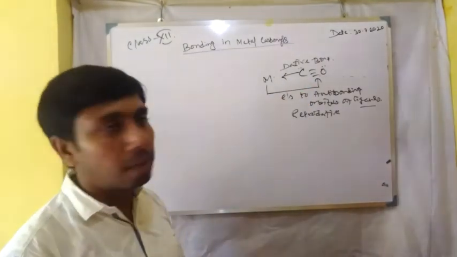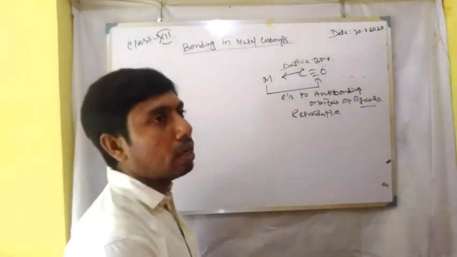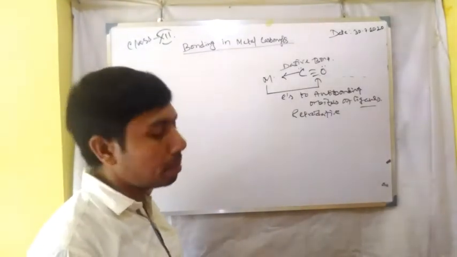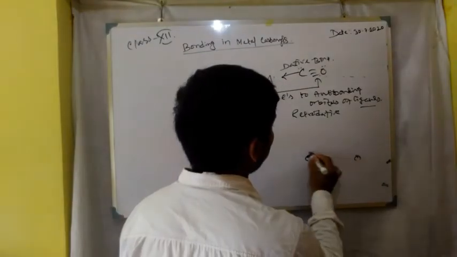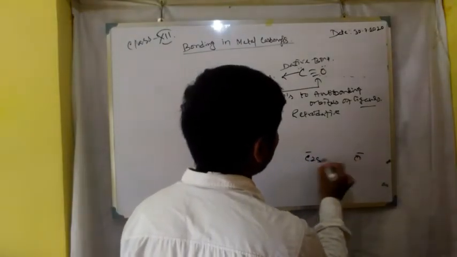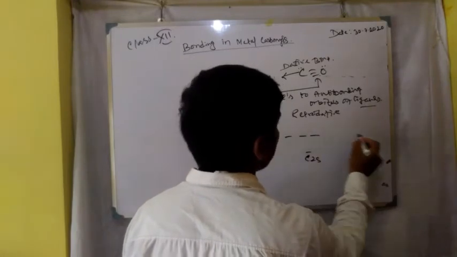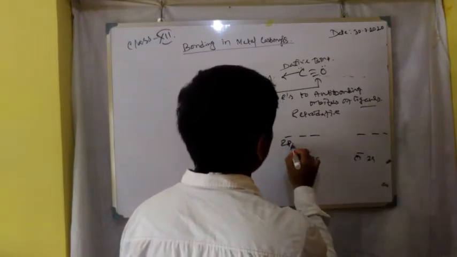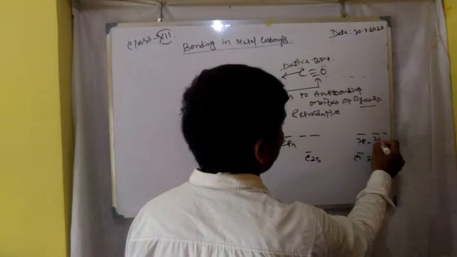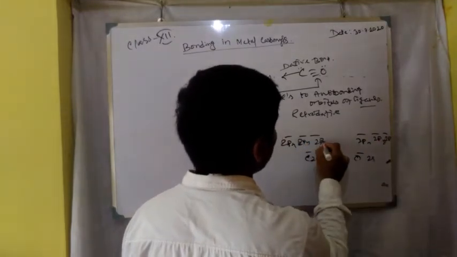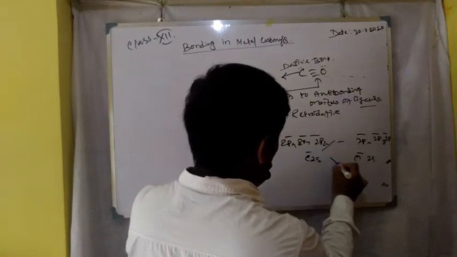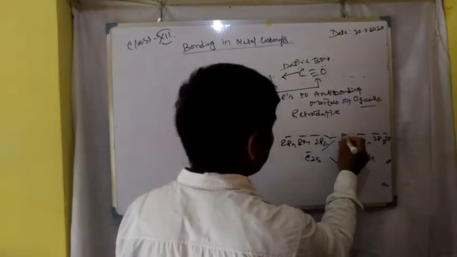What is a pi star orbital? We have already done it in class 11, in chemical bonding. The atomic orbitals have different energies, 2s, 2px, 2py, 2pz, and these combine to form the molecular orbitals.